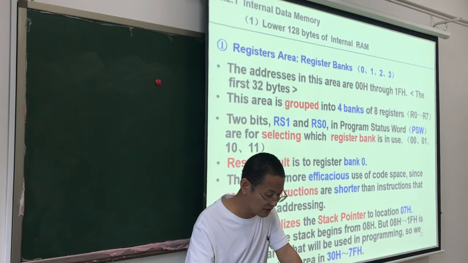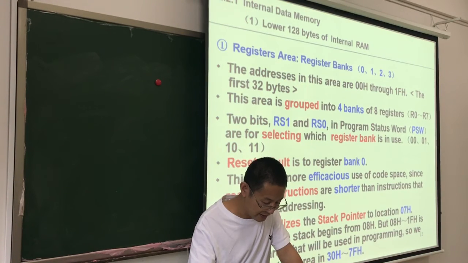So, in fact, the stack begins from 08H, but 08H to 1FH is a register area that will be used in the program. So we often set the stack area at 30H to 7FH.